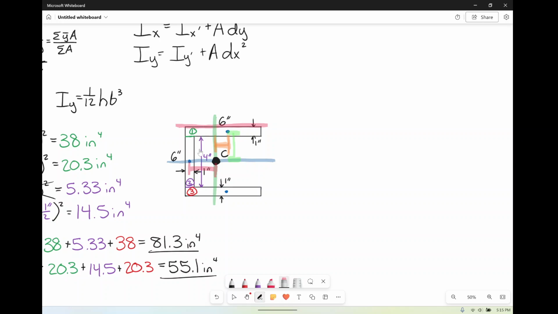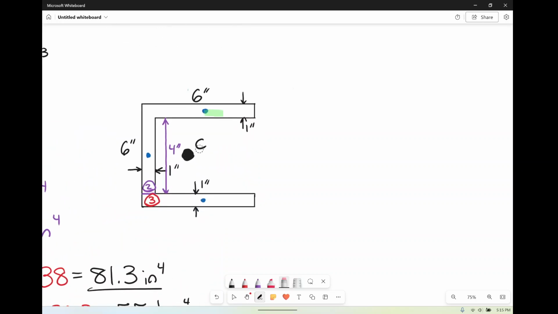Let's look at it from a different perspective. We still have the center, we still know where that is. But instead of having these individual shapes, how about we look at it with 2 other shapes?